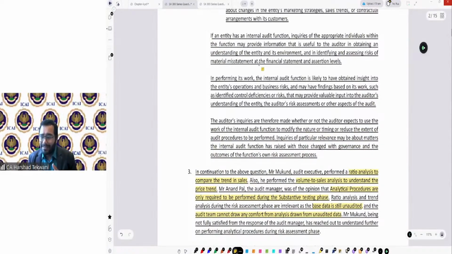Then I will discuss how to write an answer in the exam. Along with this question, we will understand how to write an answer in the exam. Quickly, guys, take your time, but try to answer this question as much as you can, so that you can have a clear understanding of the topic.